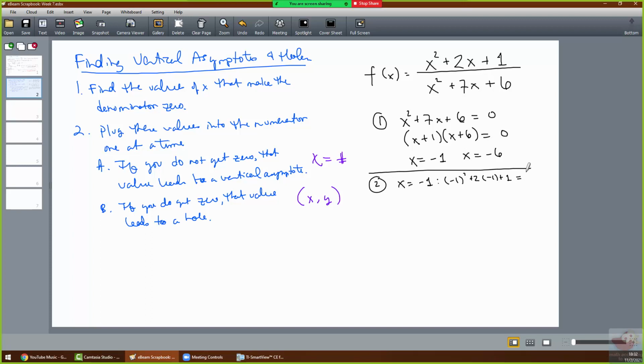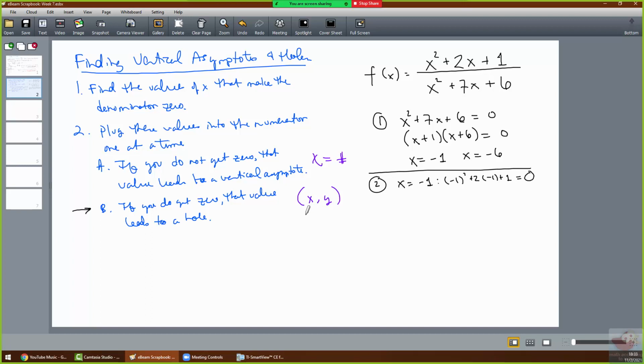Very good. So we stuck -1 into the numerator and we got 0. If you get 0, that value leads to a hole. So we know that the x-value of the hole is -1. We just don't know what the y-coordinate is. Well, here's the deal.